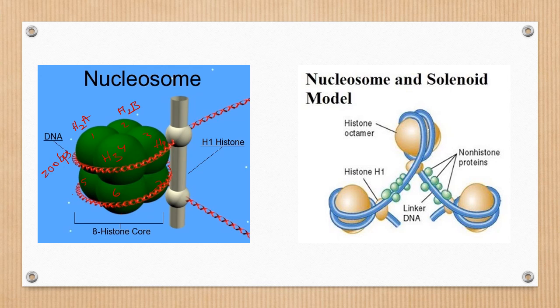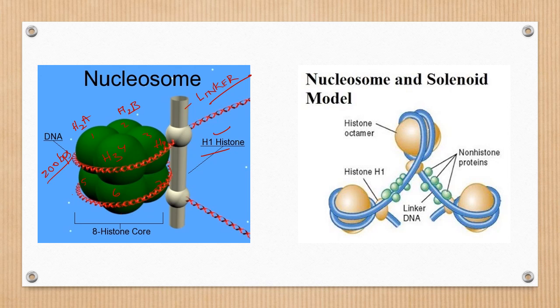And we have mentioned a linker DNA. This linker DNA consists of H1, that means H1 histone protein is present in the linker DNA. So this linker DNA joins the other nucleosome.